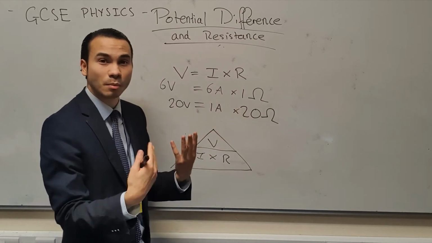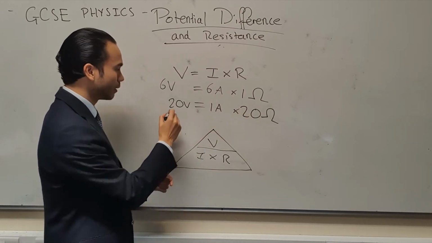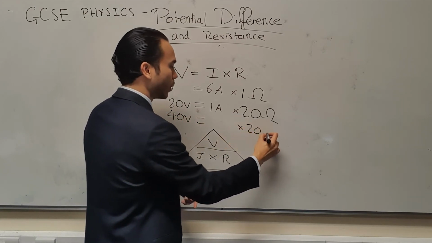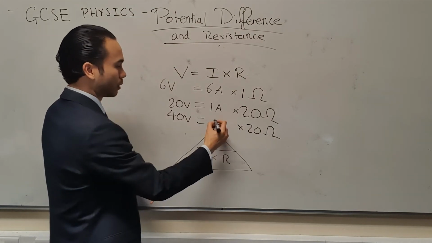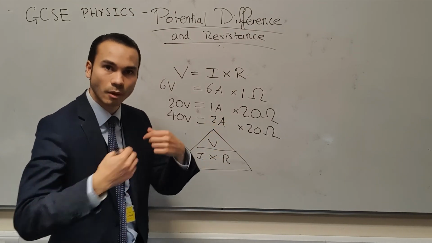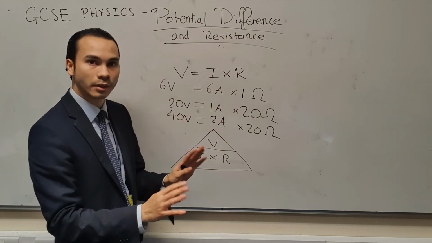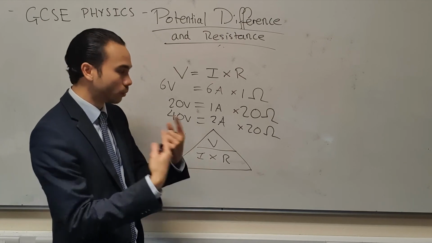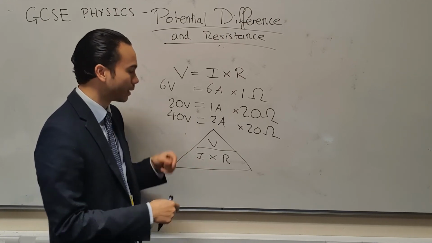If I double my battery power, so now I've got 40 volts, it's still a 20 ohm resistor, but I've now got 2 amps passing through because I'm pushing twice as many electrons through that resistor, and so on.